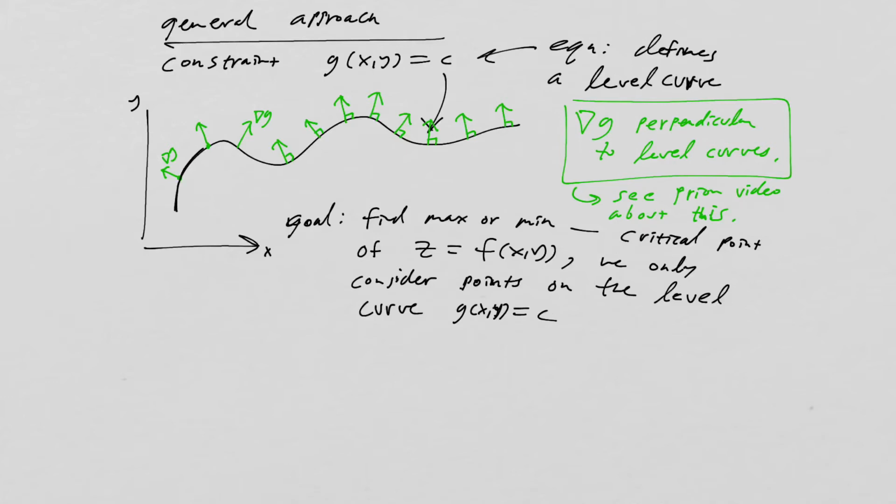All right, so while we're on this level curve, we can investigate what z is. Of course, if I'm at this point, maybe z is equal to 1. And here, let's say z is equal to 2. And maybe it's 3 here. And then it's 4. And then 5. And maybe that's 4 again. And that's 3. And that's 2. And that's 1. And that's 2. And then that's 3 there.